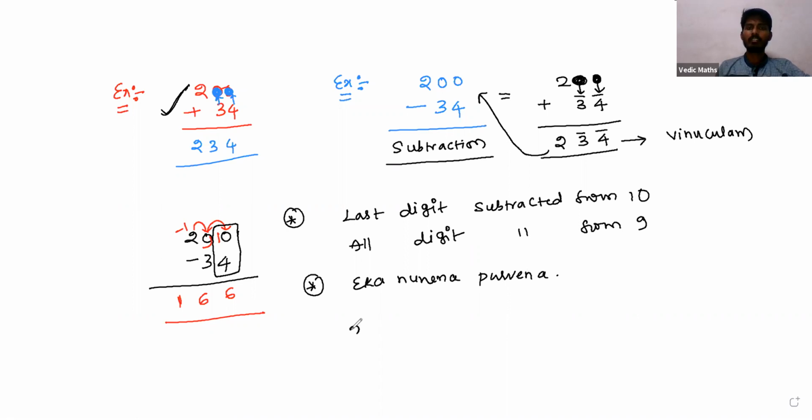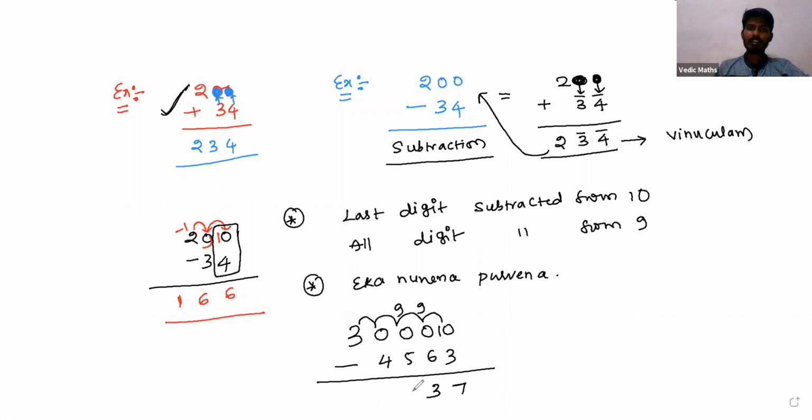Let me take another example: 30000 minus 4563. The same rule we are going to apply. First digit from 10. Why? Because we are taking borrow, borrow and borrow. So this becomes 7. This is 9, then we take 3 here. This is 9, then we take 4. This is 9, then we take 5, and we subtract 1 from this number.